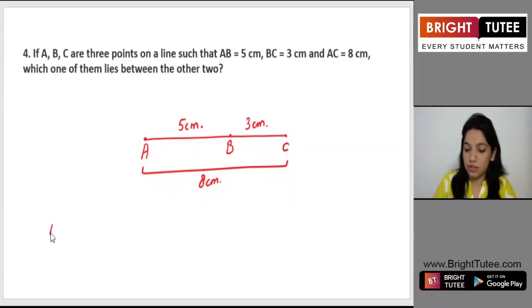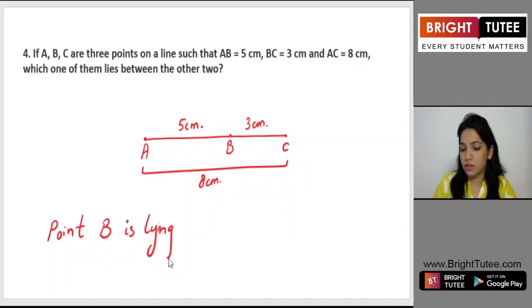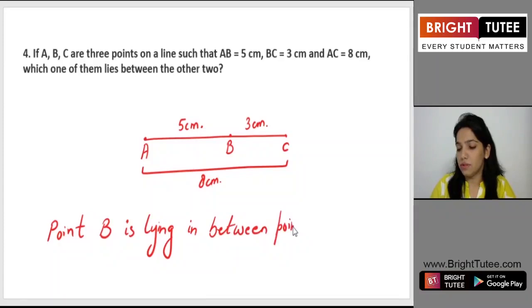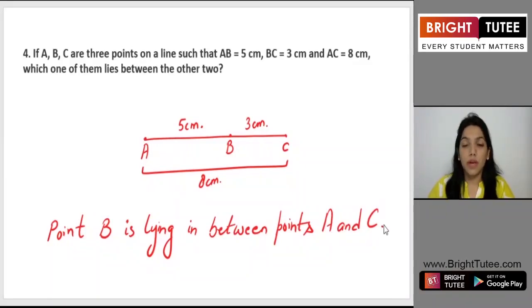So the answer is point B is lying in between points A and C. So here we have got point B, which is lying in between points A and C. Moving to the next question.